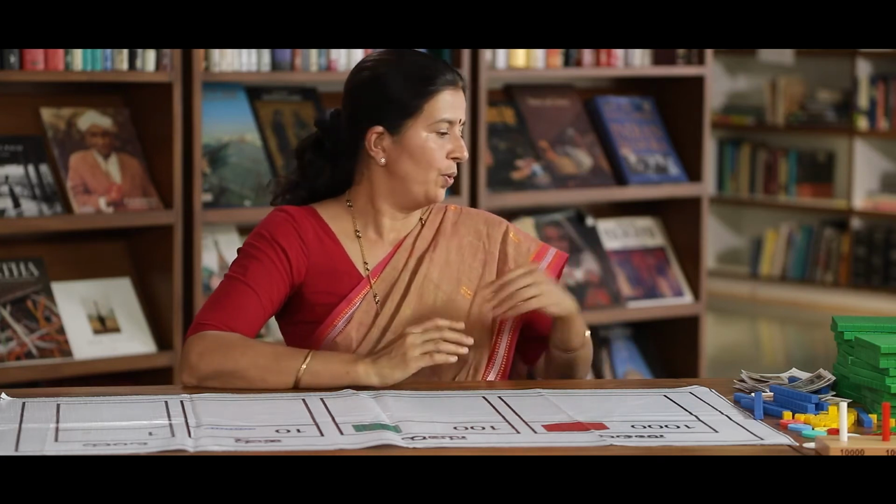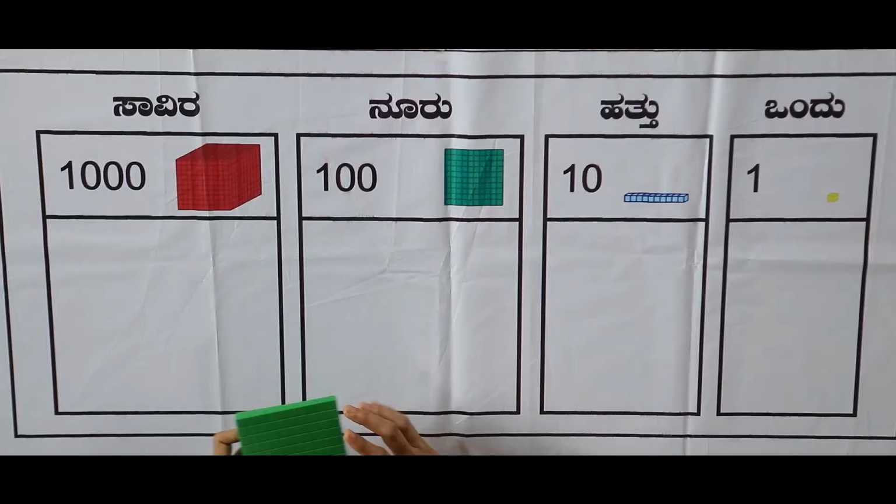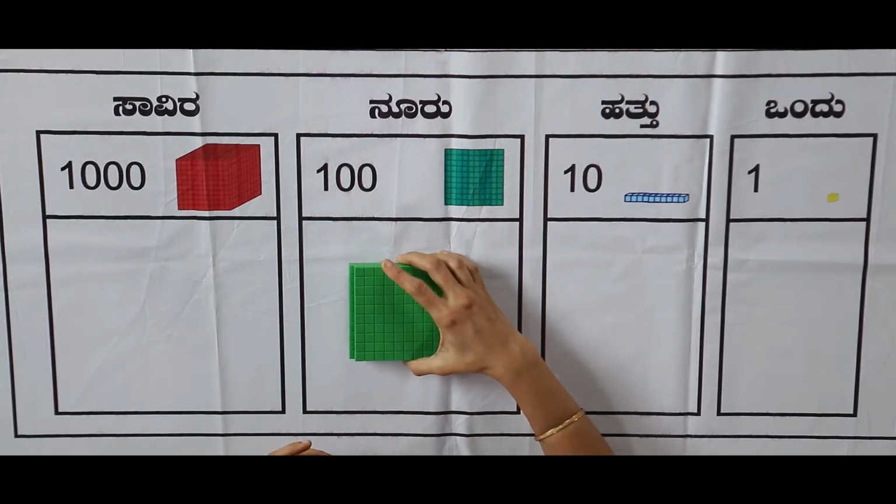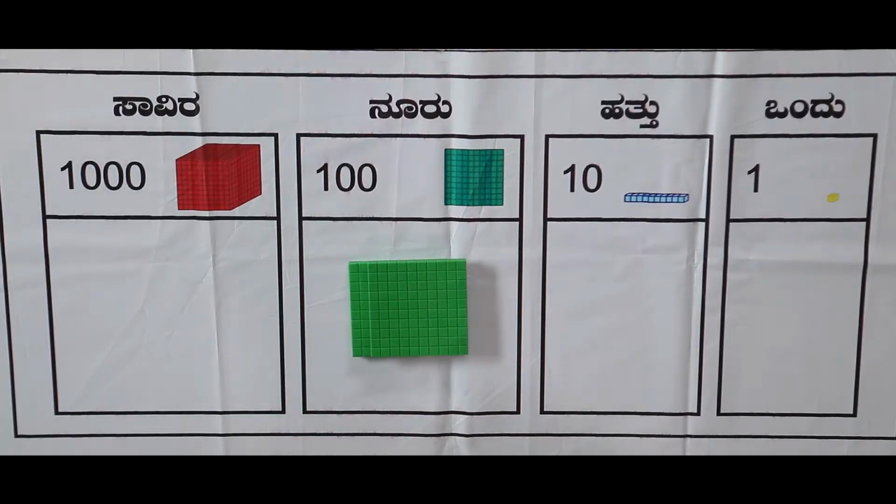Now, third standard children have to learn 3-digit numbers. You give me a number. 246. Okay. In 246, how many hundreds do we have? There are 2 hundreds. 100, 200.